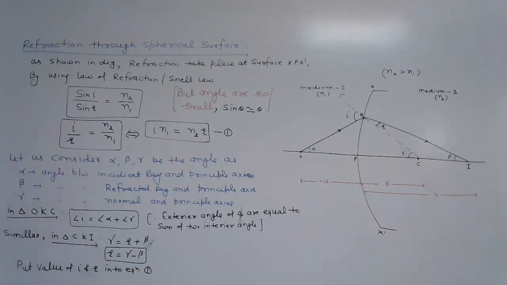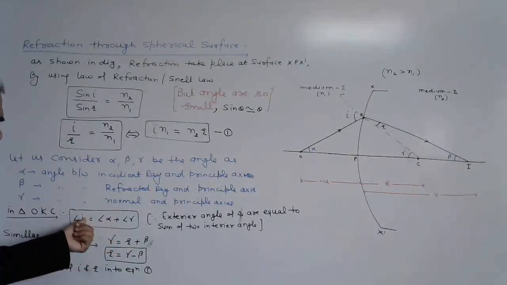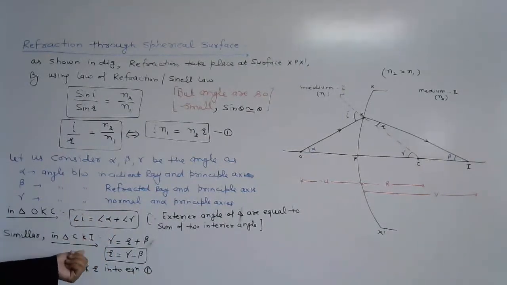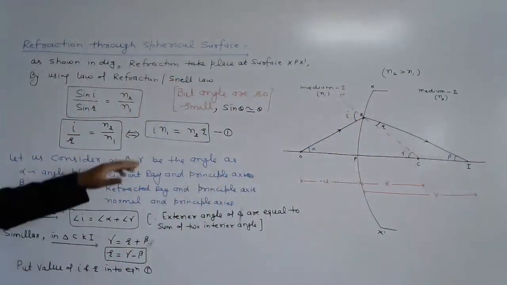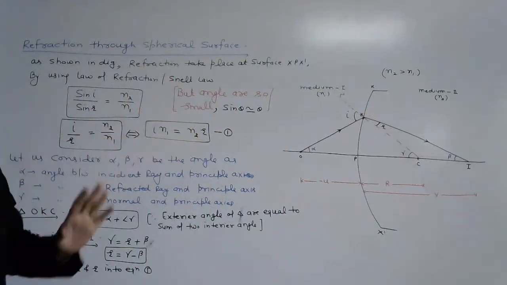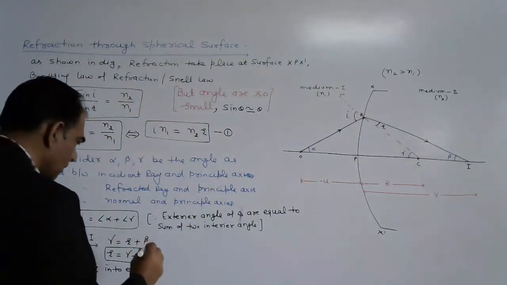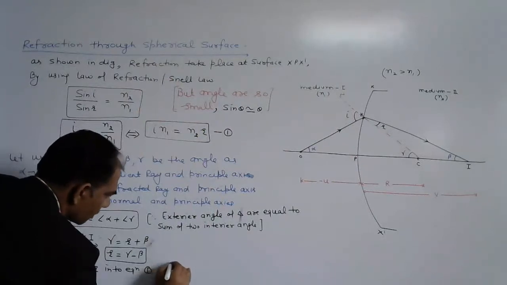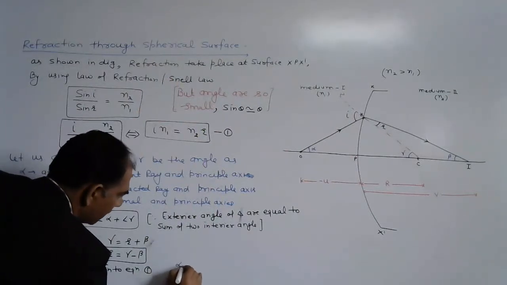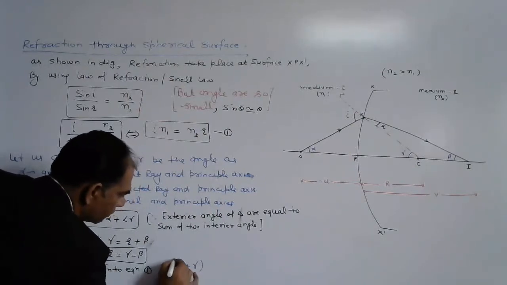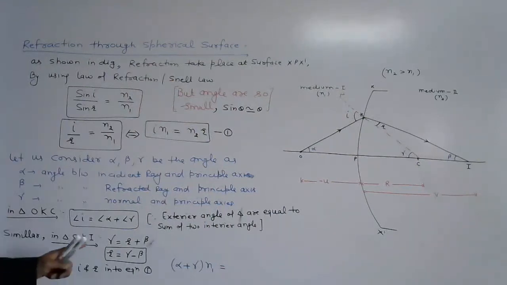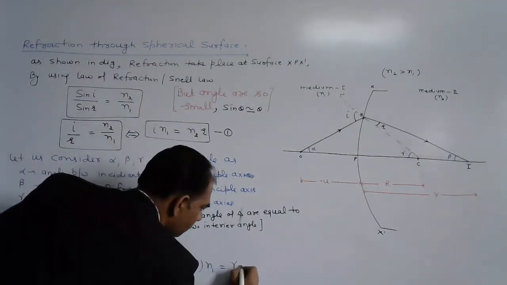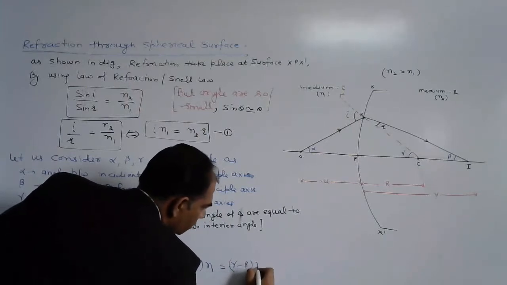First, once we convert i and r in the form of alpha, beta, and gamma, then put the values of i and r into the equation, and we get: i is equal to alpha plus gamma, into n1 is equal to, and r is equal to gamma minus beta, into n2.